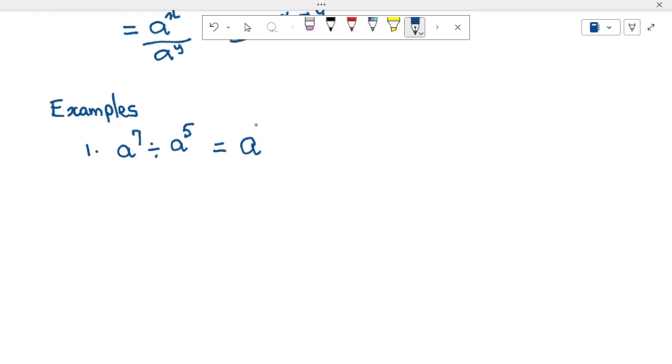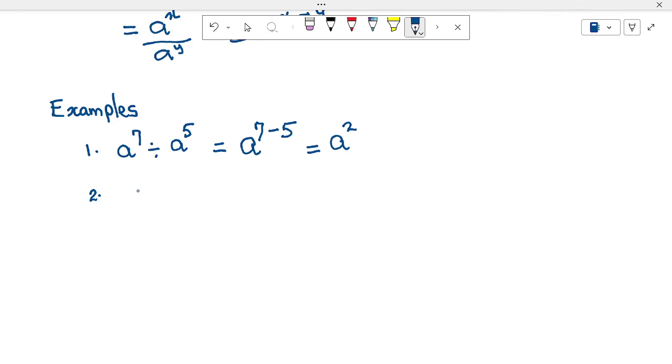It gives us a raised to power 7 minus 5, and 7 minus 5 is 2. The final answer is a raised to power 2. If you got it, it means you are following, and I'm very happy you are.